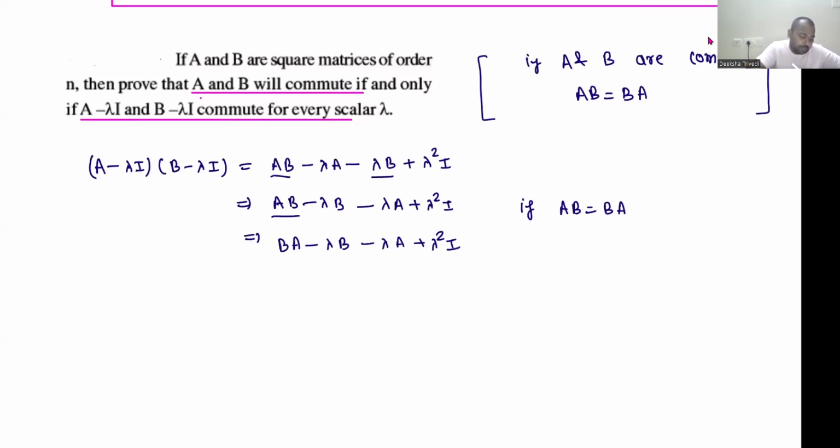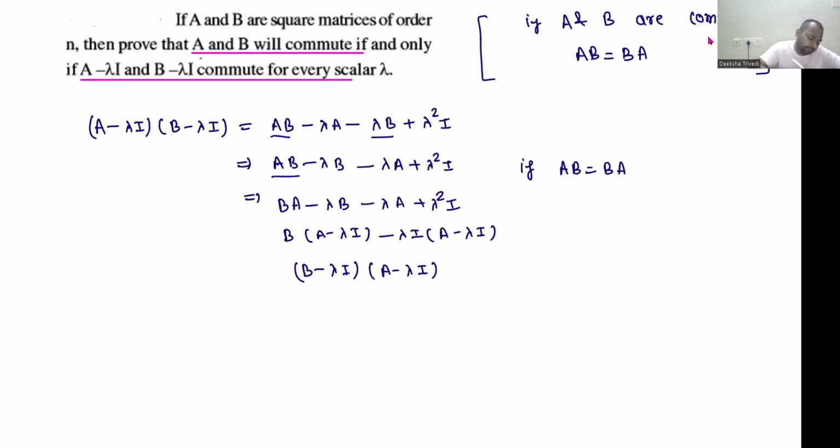Now here we can take B common, then we have (A minus lambda I). Now we can take lambda I common, then (A minus lambda I). So we can say (B minus lambda I) is the same as (A minus lambda I). Am I correct? So this result we can think in that way.